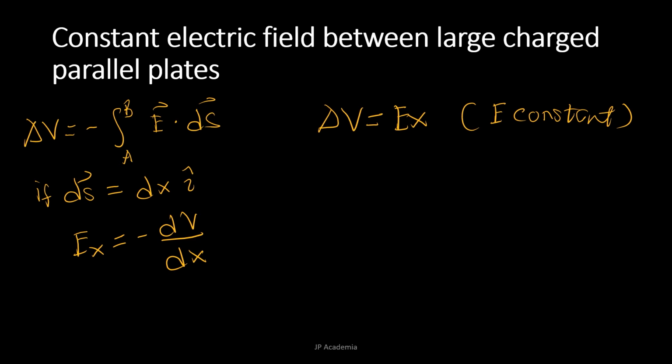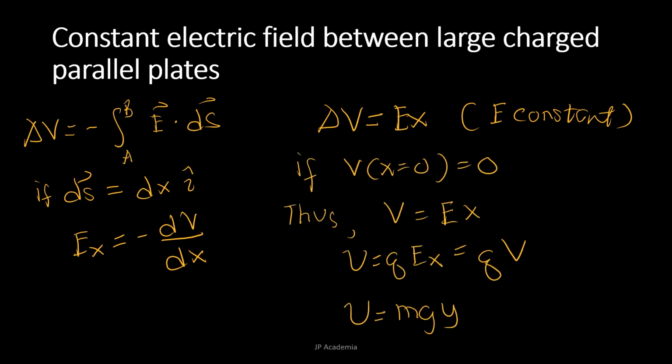If the potential is 0, let's say at x is equal to 0, then the electric potential is just E times x, as shown here. So V is equal to E times x. And the potential energy of the charge Q is just Q times E times x, and therefore, we can also define this as Q times V, wherein V is your electric potential.